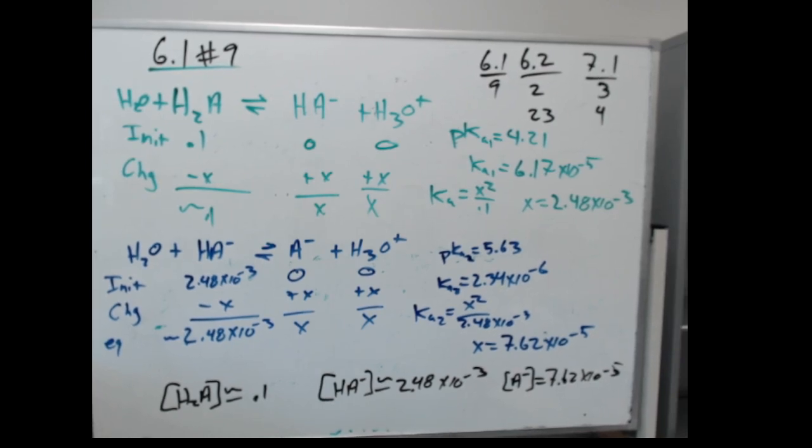Okay, find the equilibrium concentration of HA minus. Which problem is it doing this for? On E, find the equilibrium concentration of K2A. Why would it just be 2.34 times 10 to the minus 6?